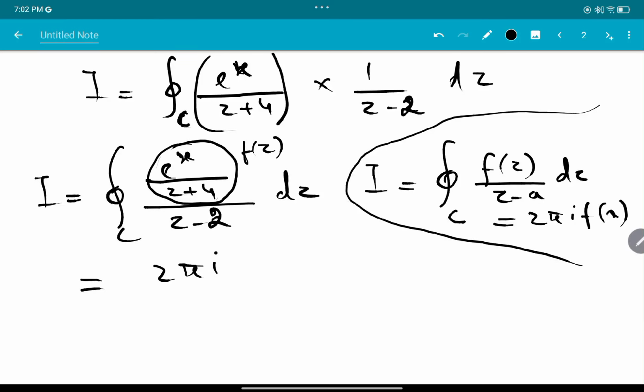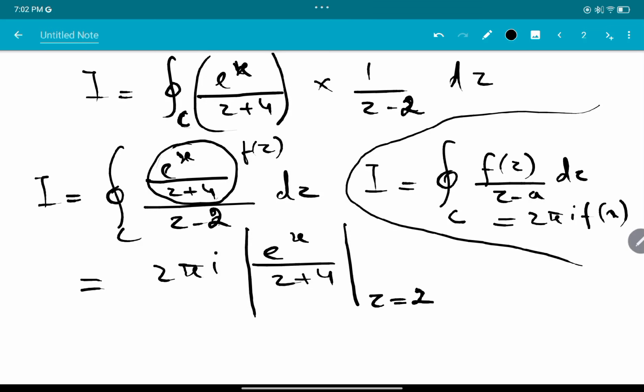That means the value of this function, e raised to z divided by z plus 4, at z equal to 2, because a is 2 here.